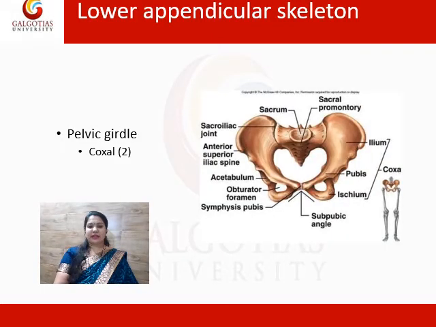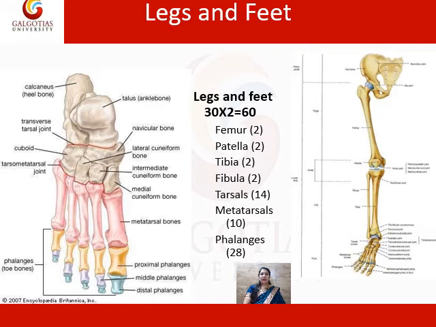In the lower appendicular skeleton, first of all we have the pelvic girdle. In the pelvic girdle, we have two hip bones. The sacrum is not part of the appendicular skeleton, it is part of the axial skeleton. So the hip bones form the pelvic girdle. Then the leg and feet. The thigh is formed by the femur, which is 2 in number, one right and one left. The patella forms the cap of the knee, 2 in number, one on the right and one on the left.